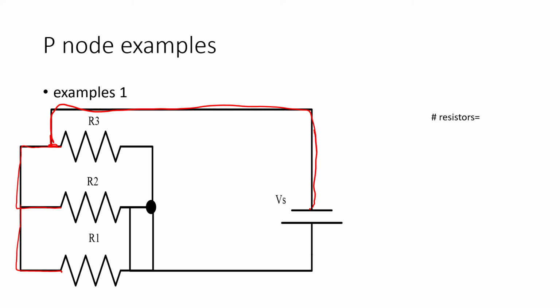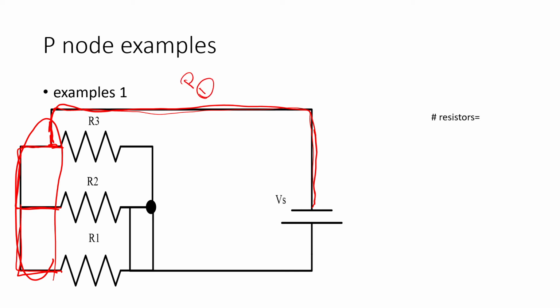And if you see, this is one line, one wire, and this wire is branched, one to each different component. So this is a node connecting 2 elements or more, in this case, more than 2 elements. And this is a P node.